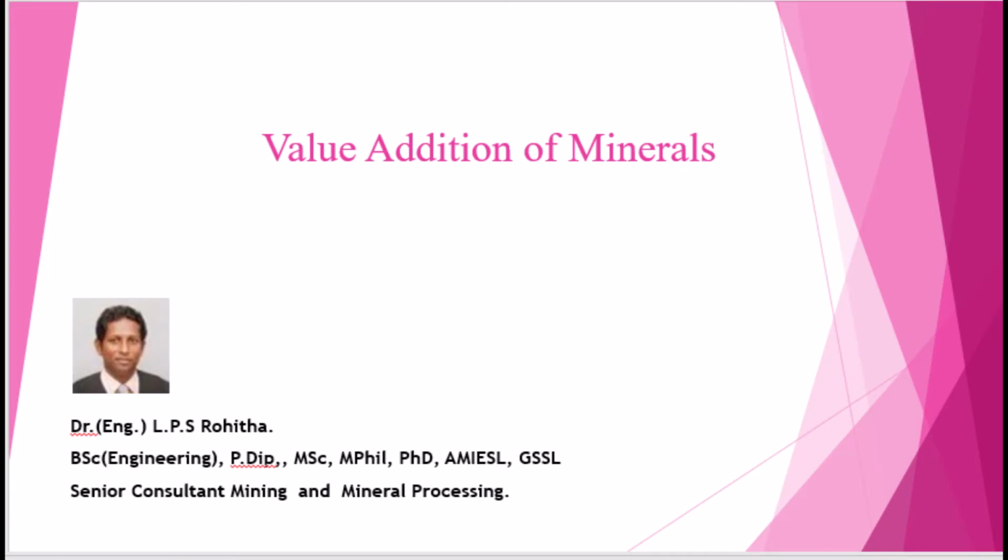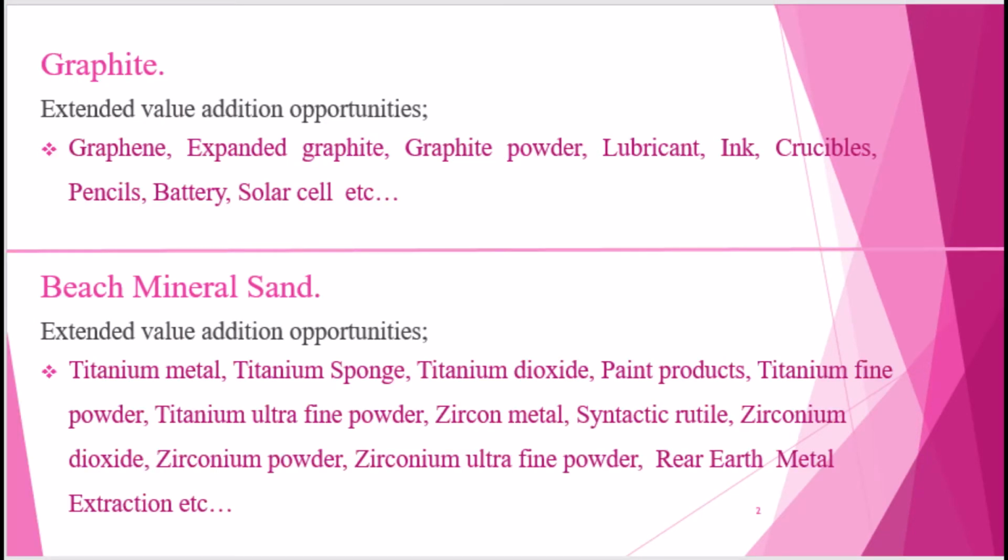In this presentation, I am going to discuss value addition of minerals. First of all, we can see graphite. If you consider graphite, we can explain a lot of extended value addition opportunities, especially graphene, expanded graphene, graphite powder, lubricants, ink, crucible, pencils, battery, solar cells, etc. These are just value addition opportunities.